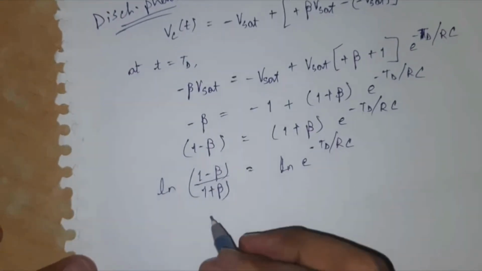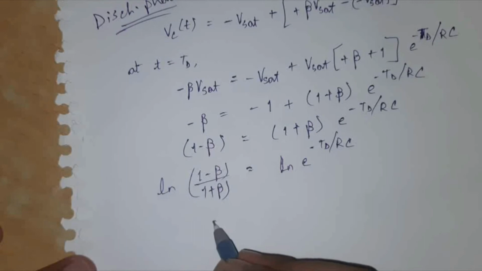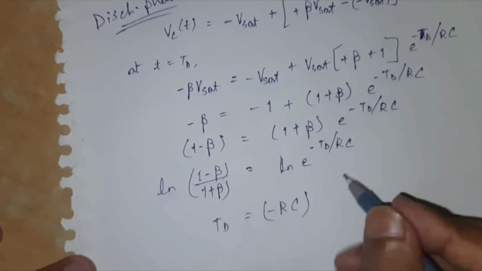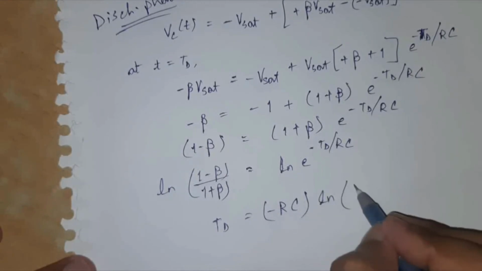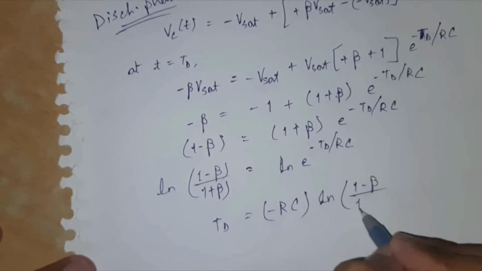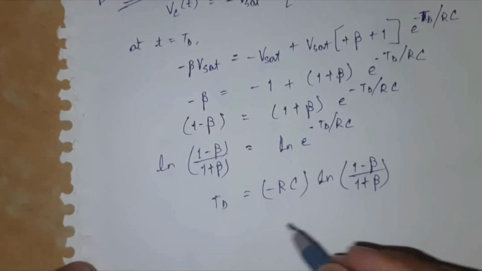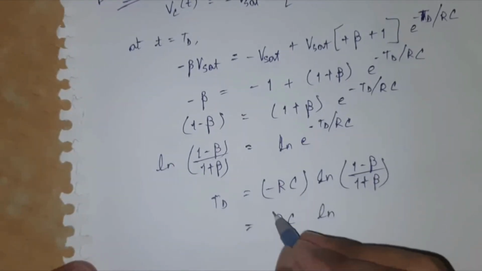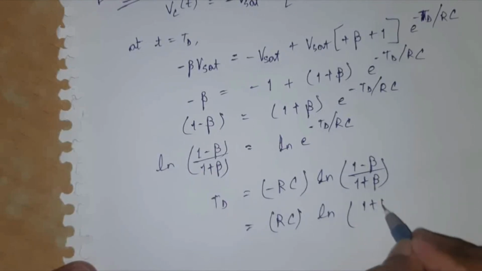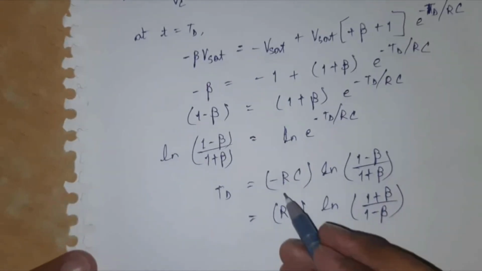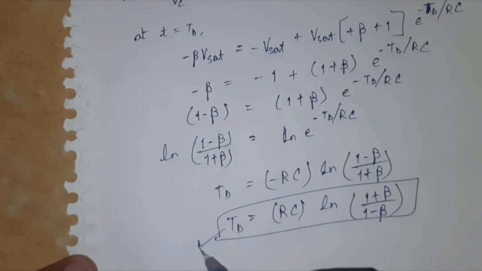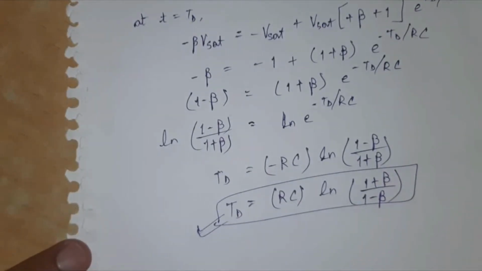So you know how to solve this. We can say Td is equal to minus RC ln (1 minus beta) by (1 plus beta). Taking care of this negative sign, we can just shuffle this, numerator and denominator exchanged, and it has taken care of this minus sign. So the time of discharge has come out to be RC ln (1 plus beta) by (1 minus beta).